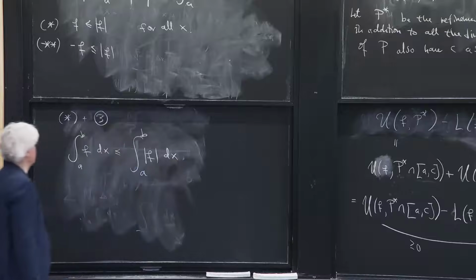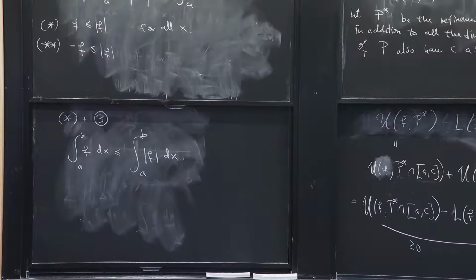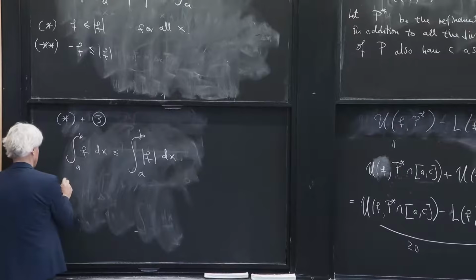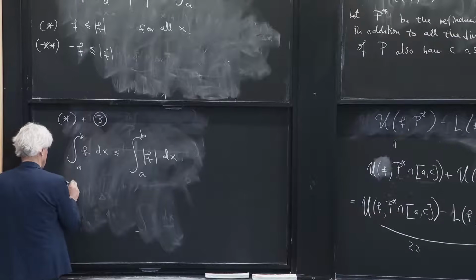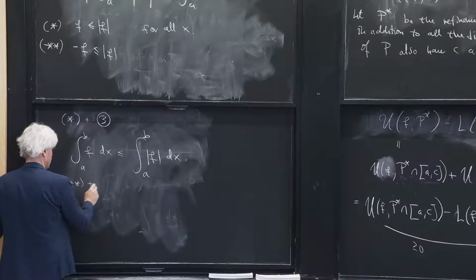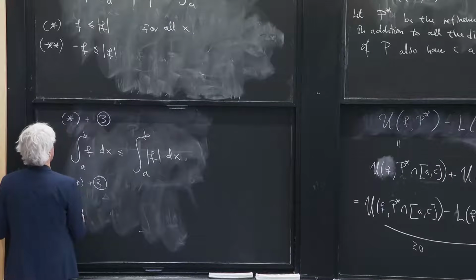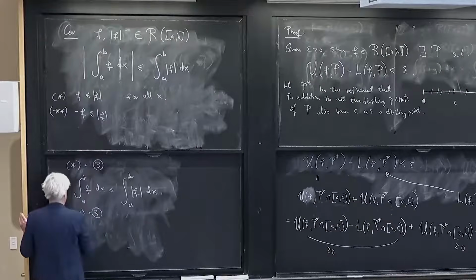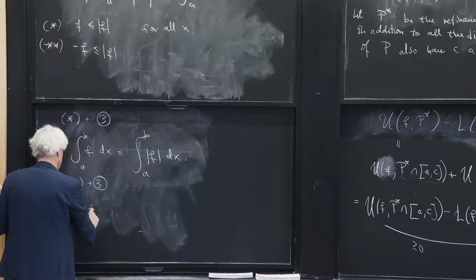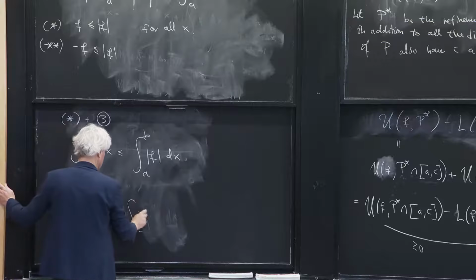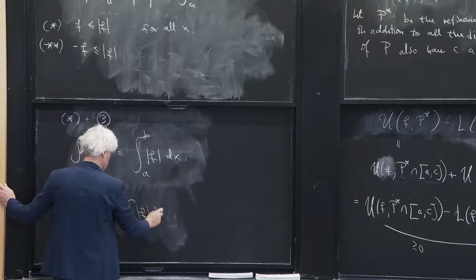Right, this is from star and 3. But if we take double star here plus 3, then we have that the integral of minus f dx is less or equal to the integral of the absolute value, like this.